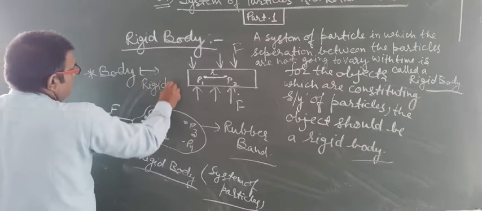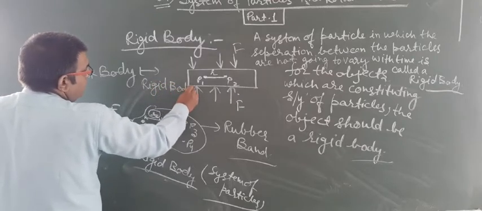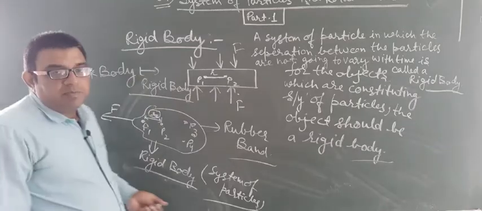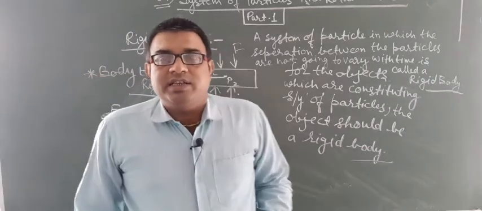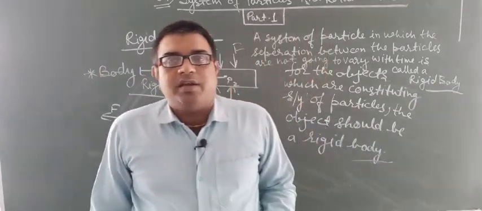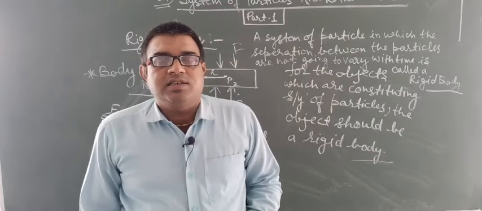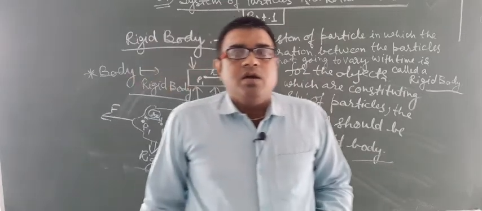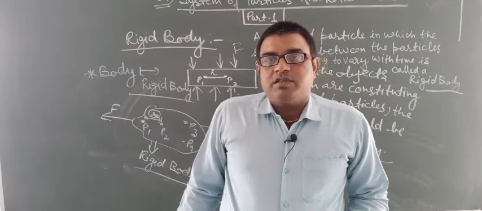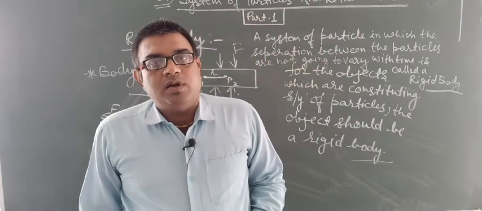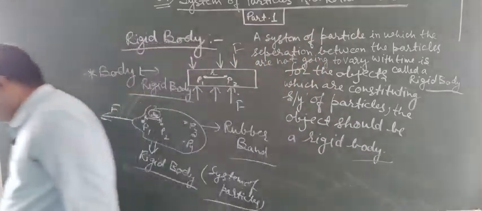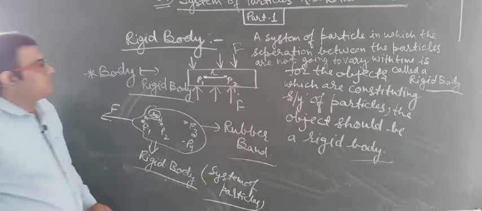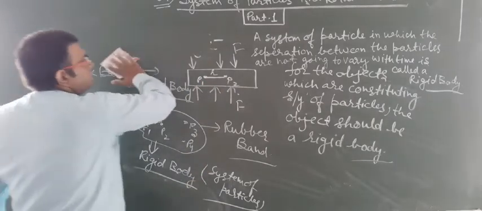And if I am talking about a rigid body, then we can consider it as a system of particles. Now, we are going to discuss different kinds of motion of a rigid body.